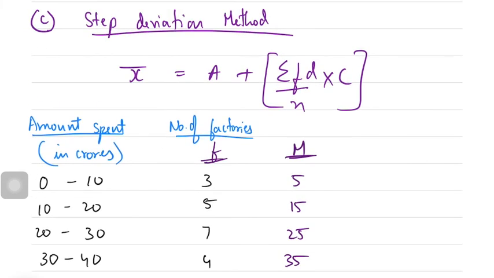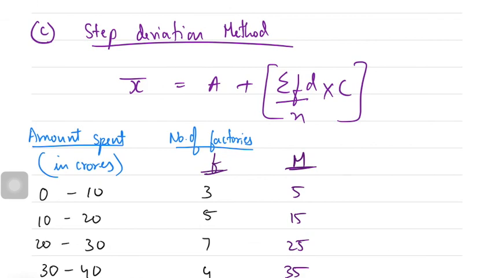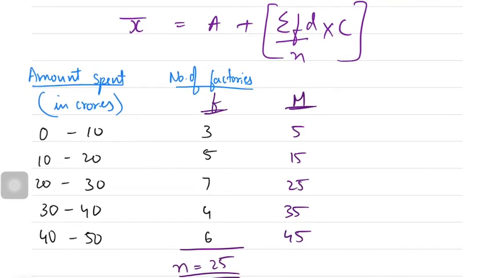So in case of the step deviation method, D is equal to M minus A divided by C, where C is the difference between the widths: 10 minus 0 is 10, 20 minus 10 is 10, 30 minus 20 is 10, so C is equal to 10.